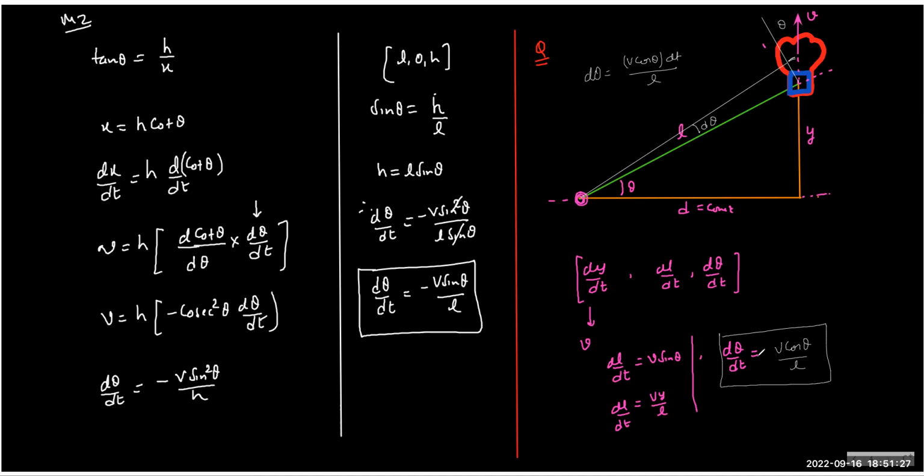So can you explain the d theta by dt by another method? Yeah, of course. First of all, you need to find the relationship between theta and the values which you know. Which variables should we take to make a suitable relationship for theta? Should we go with L and y or y and d?